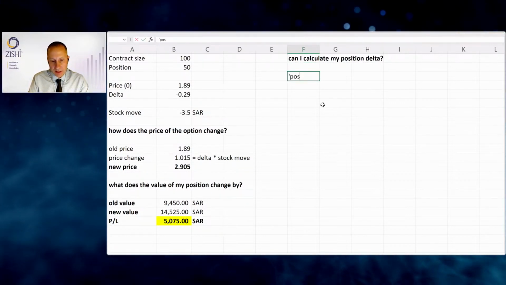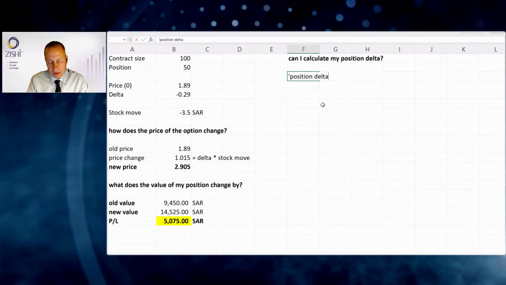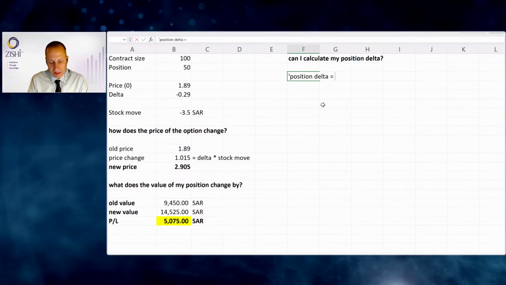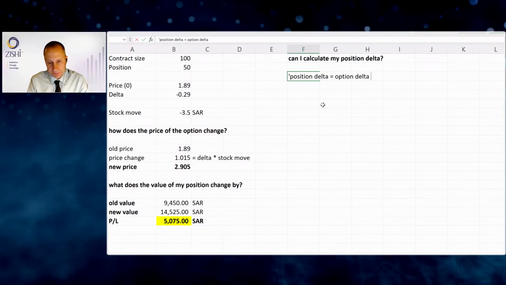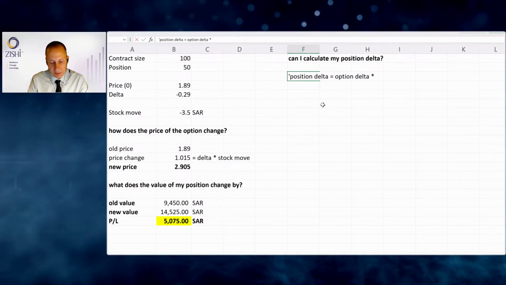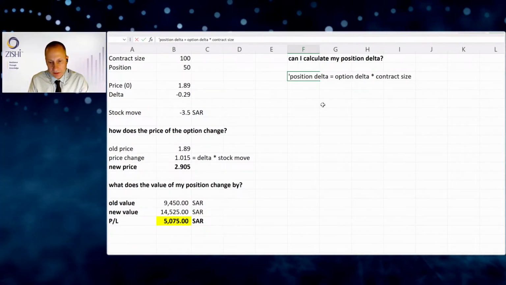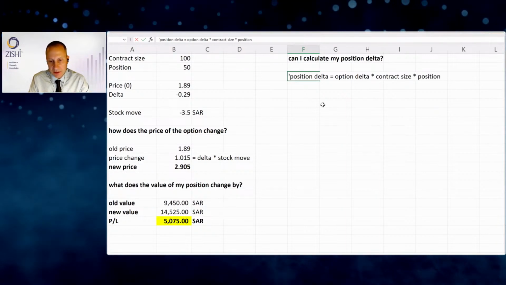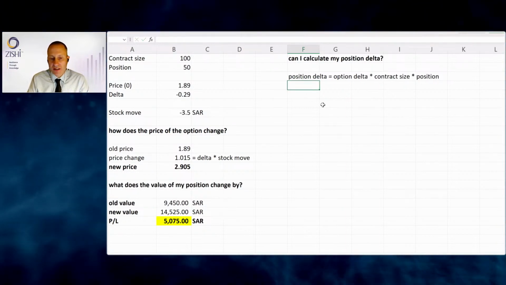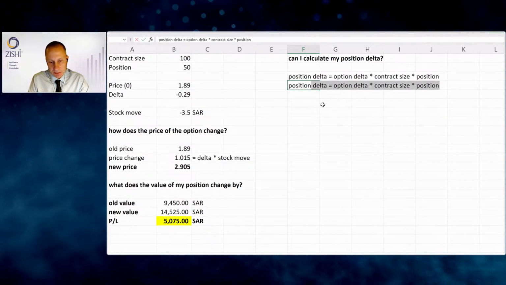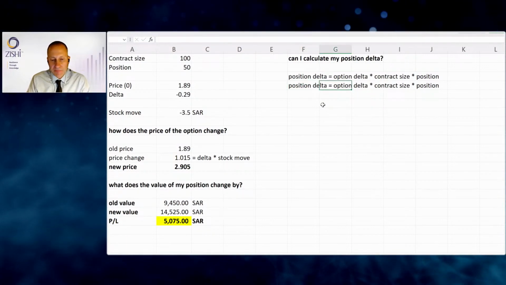So my position delta, and we'll see this on a slide in a minute, is equal to the option delta multiplied by the contract size, which is 100, multiplied by my position in contracts. So that makes my position delta here.